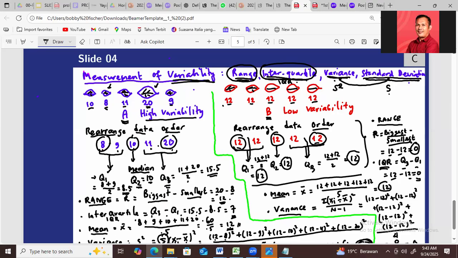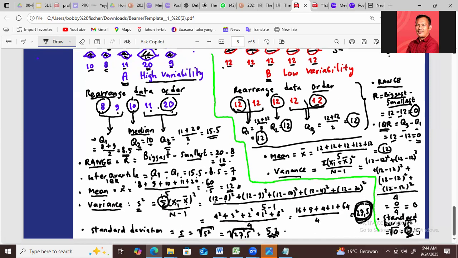So 12 minus 12 squared plus 12 minus 12 squared and so on, divided by n minus 1, where n is the number of data, 5, so n minus 1 is 4. The sum is 0, and 0 over 4 is also 0. So the variance of this data is 0, and the standard deviation is the square root of the variance, the square root of 0, which is also 0.